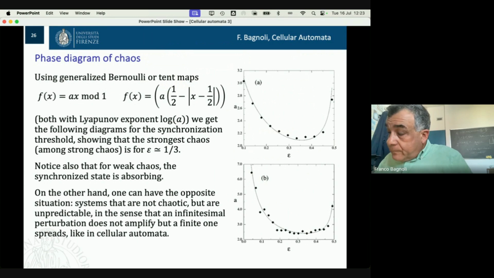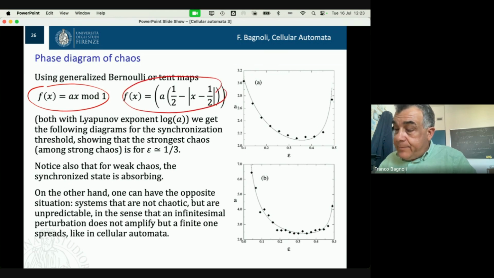Now, if you use some kind of map, for instance the Bernoulli shift, the generalized tent map, or also logistic maps or other kinds of maps, and you plot the surviving damage with respect to epsilon, remember that 1/3 corresponds to the maximum diffusion. 0 corresponds to no diffusion at all, and 1 or 0.5, depending on how it is defined, corresponds to the maximum diffusion from neighbors, but no diffusion from the center.